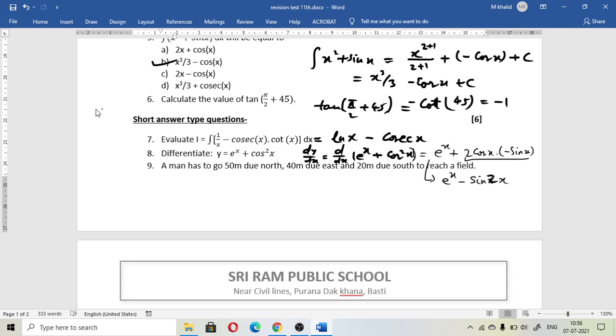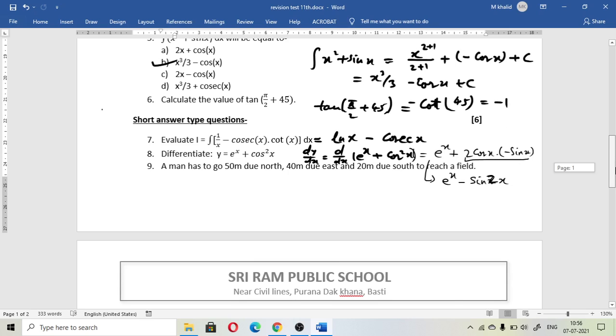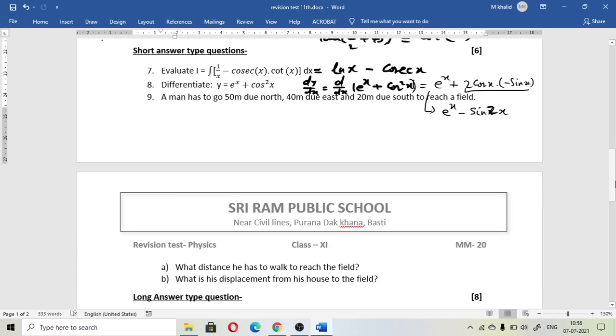Got it. Next question, a man has to go 50 meter due north, 40 meter due east, 20 meter due south to reach the field. Calculate the distance he has to walk and the displacement. So first of all let's draw the diagram. Suppose this is the north direction.